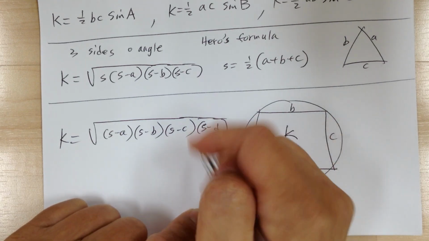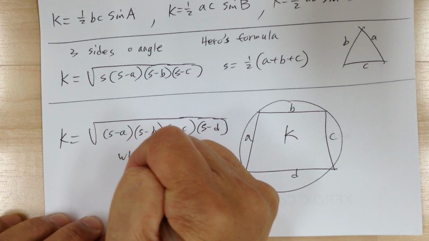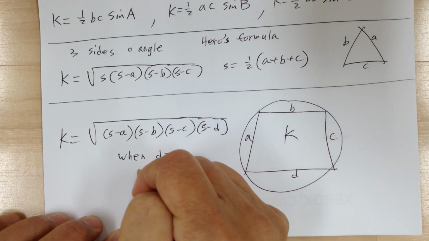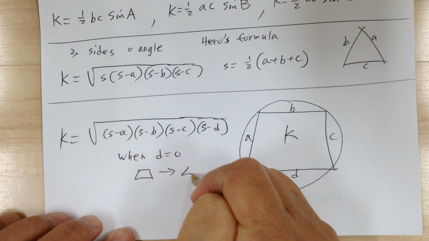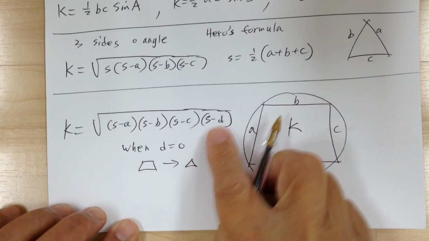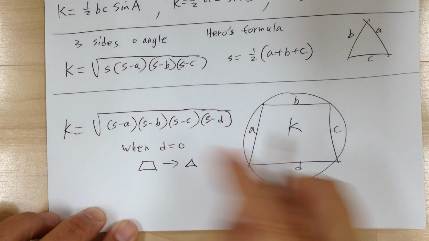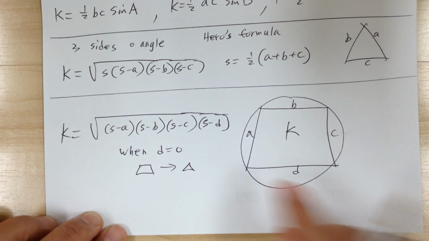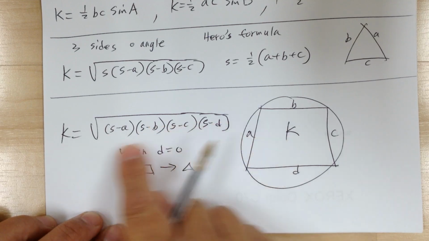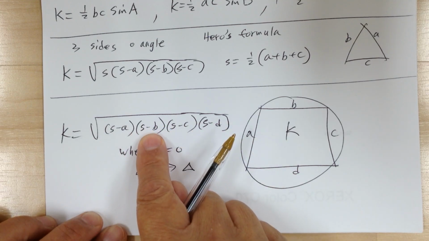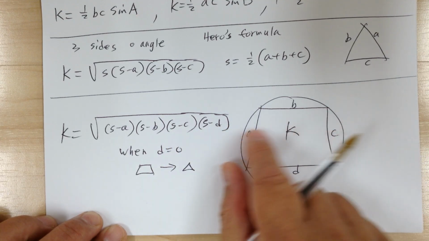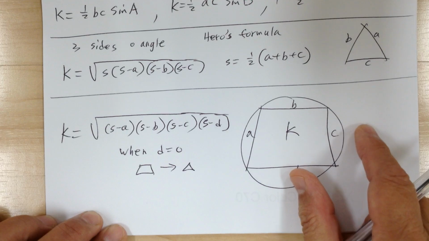Again, when D equals 0, then the quadrilateral becomes a triangle, and this equation becomes that. So this is a special case of this. This is much easier to memorize: S minus A, S minus B, S minus C, S minus D, and this is for a quadrilateral inscribed in a circle.